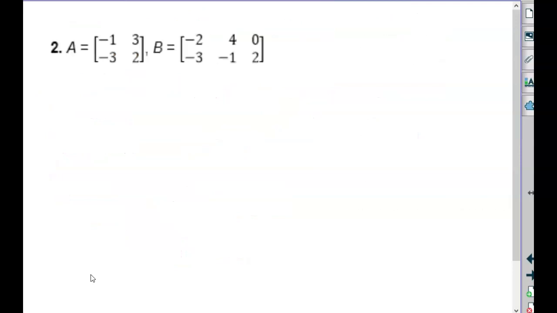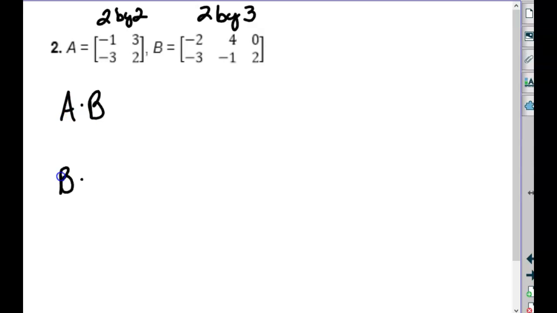I'm going to do number 2 first because I want to do number 2 by hand. What size are these? This is a 2 by 2, and this is a 2 by 3. Are we allowed to multiply those? We're supposed to do A times B, and then B times A. A times B would be a 2 by 2 times a 2 by 3.